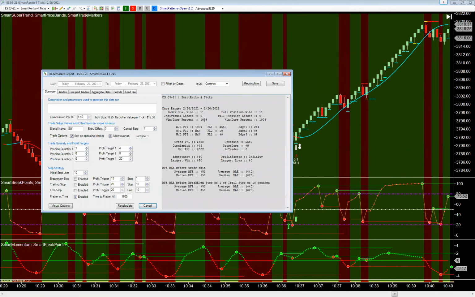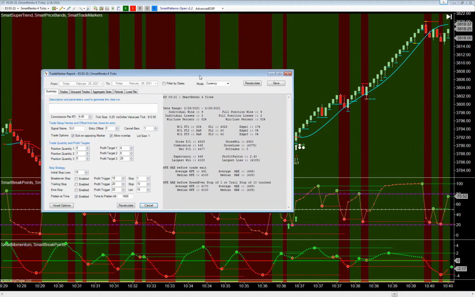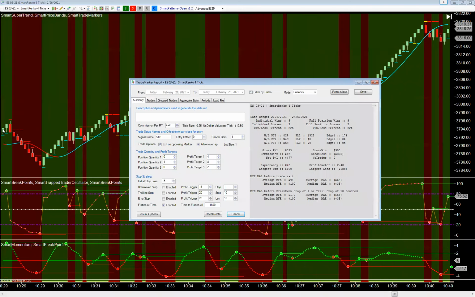We had 11, and all of them went at least 1 point in our favor. Let's see how many went 2 points. 9. We had 2 that only went a bar. We showed you one right over here. Pretty good internals here. 240% more likely to be profitable than not profitable.